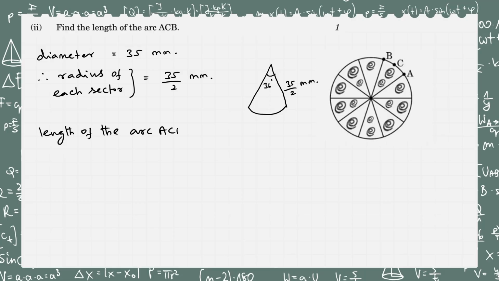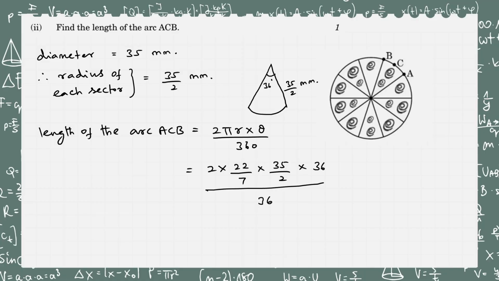So length of the arc ACB equal to, by formula it is 2 pi r into theta divided by 360, right? So it will be 2 into 22 by 7 into r is 35 by 2 into theta is 36 degrees whole divided by 360, right? And we need to cancel whatever is possible.